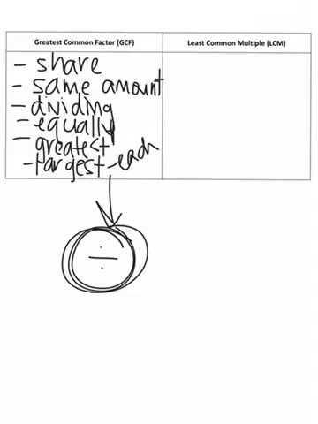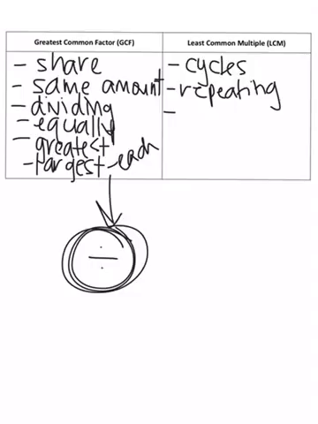And with the least common multiple, we talked about this a little bit, we're looking at cycles, so things that are repeating. So cycling or repeating. And kind of going along with that word repeating, you want to look for that repetition. So some of our phrases that deal with repetition might be the phrase every 3 days, every 5 days.